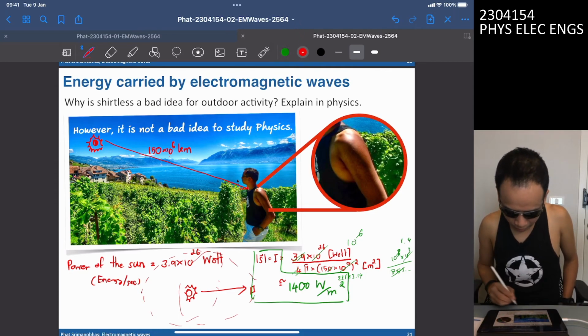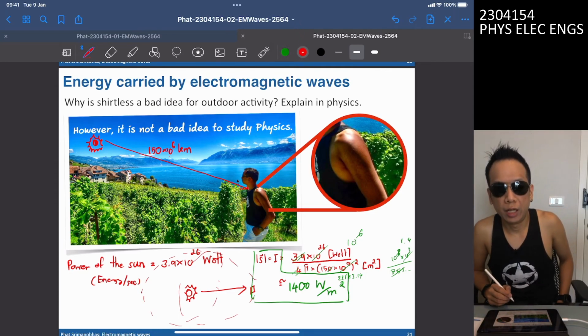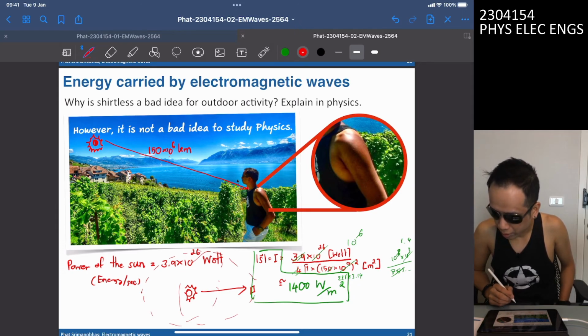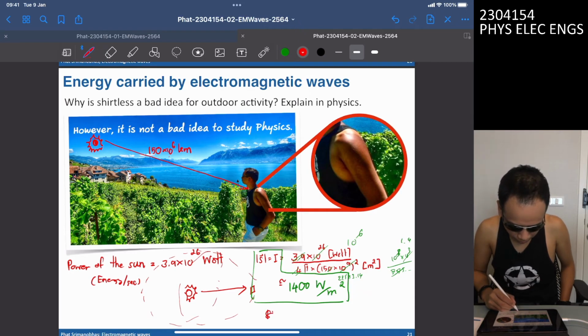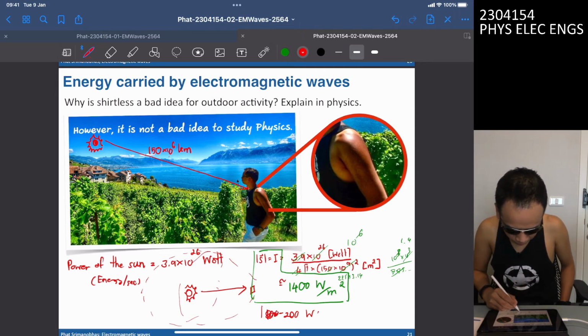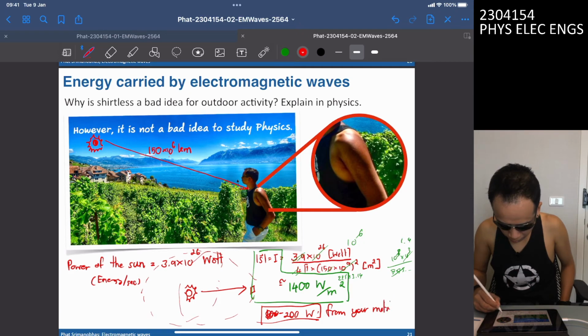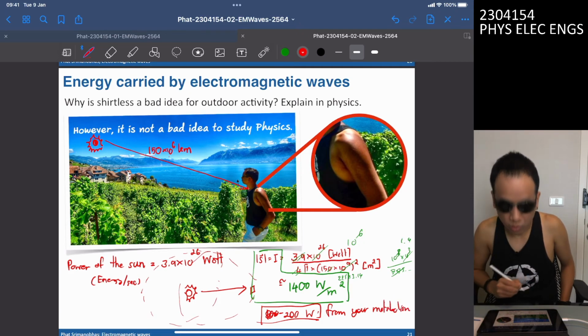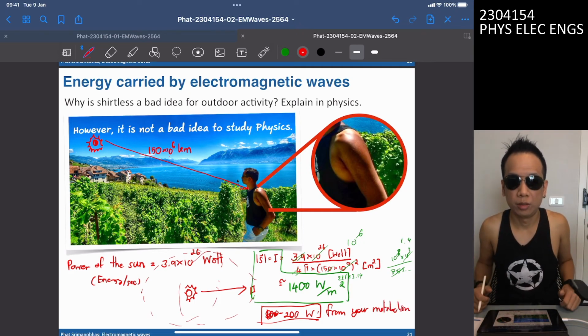If you compare this to the radiation from your body, which you can search on Google, it's maybe from 100 to 200 watts. This is from your metabolism.